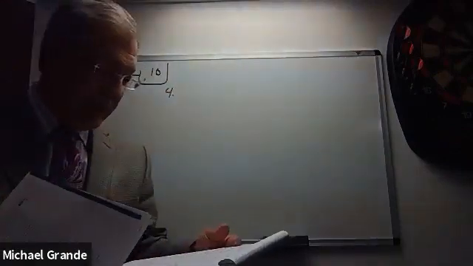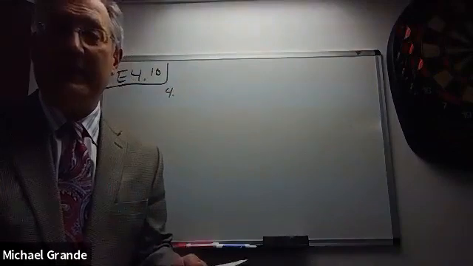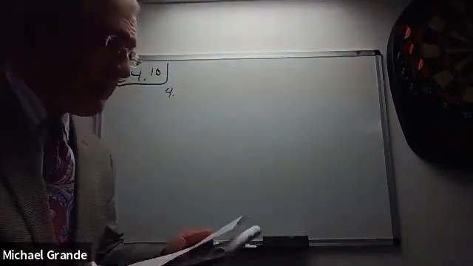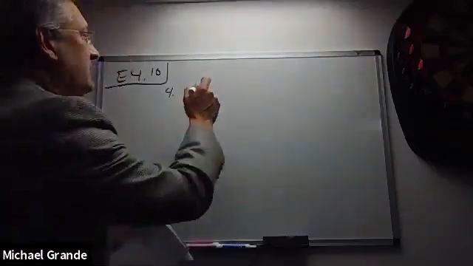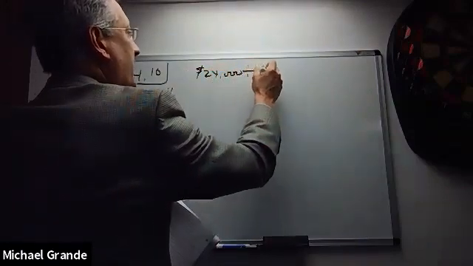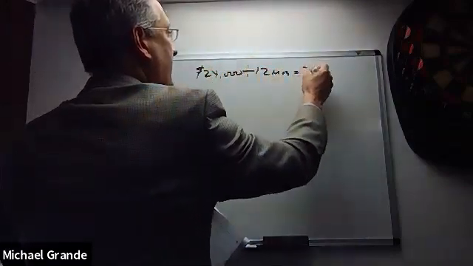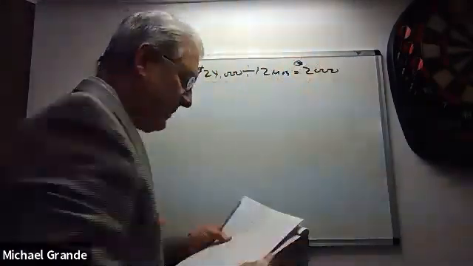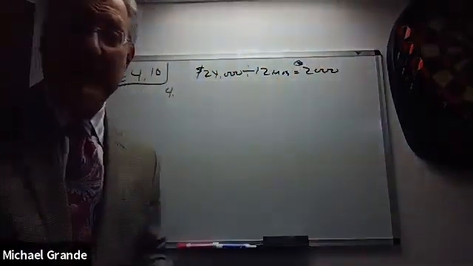Now, they don't tell you at what rate it expires, but they did say what? They said purchased a 1-year malpractice policy on January 1 for $24,000. So it's $24,000 divided by 12 months. It expires at the rate of $2,000 per month.